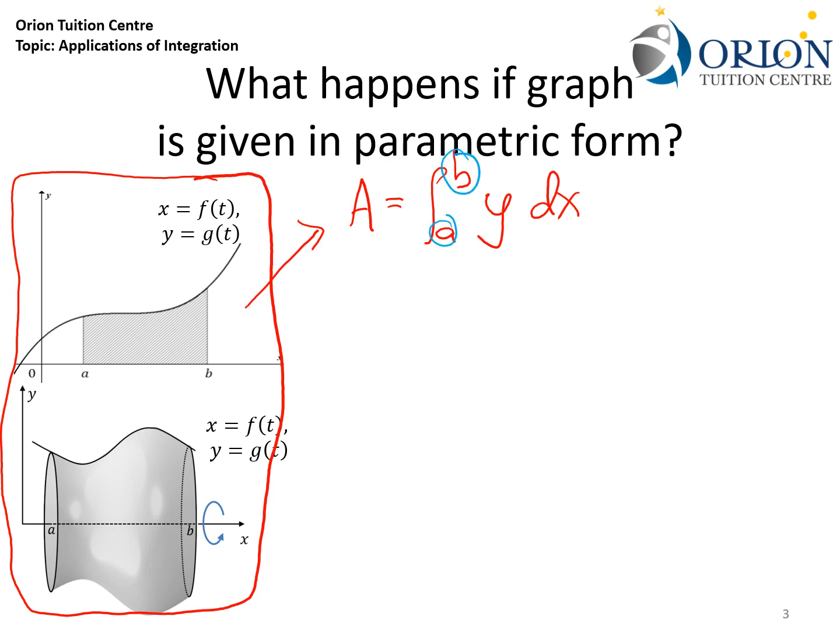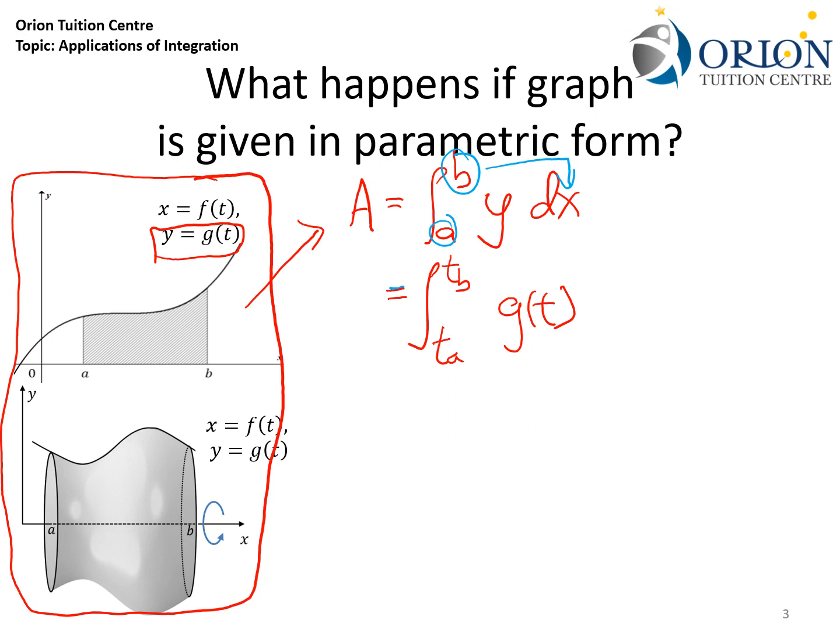The a and b values are actually x values, and therefore we have to change them into corresponding t values. So when x is equal to a, we get a corresponding value of t, which let's say is t_a, and t_b respectively. y can be changed into g(t) because we know that y is equal to g(t).